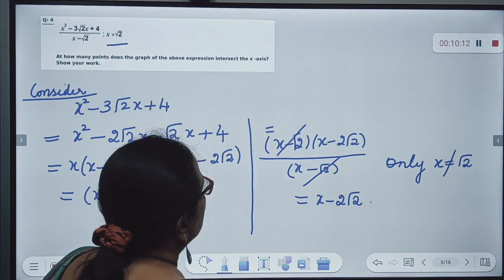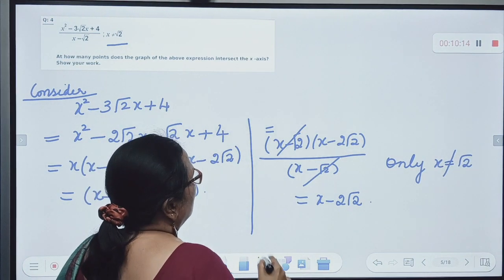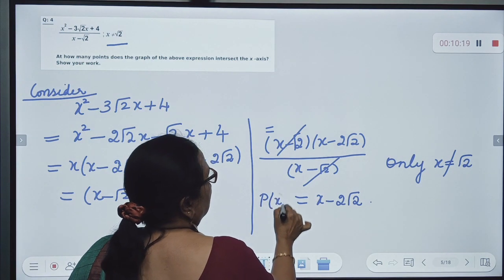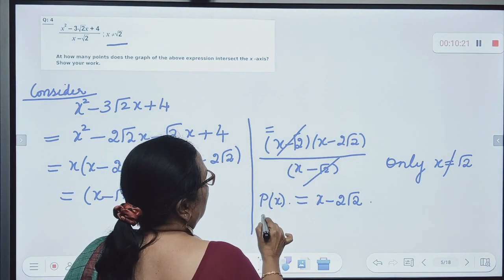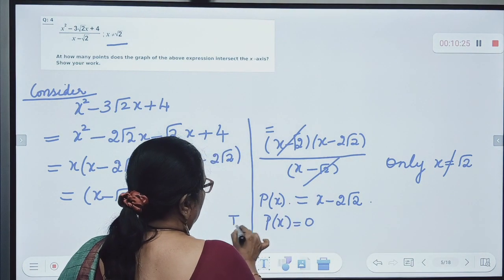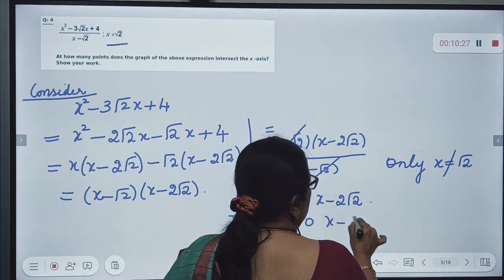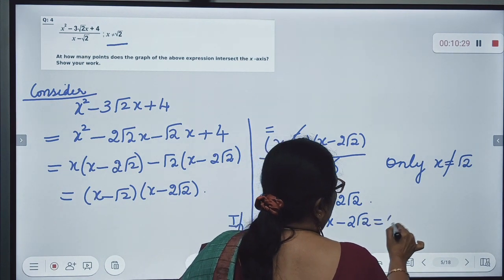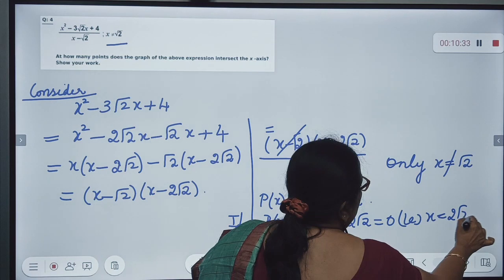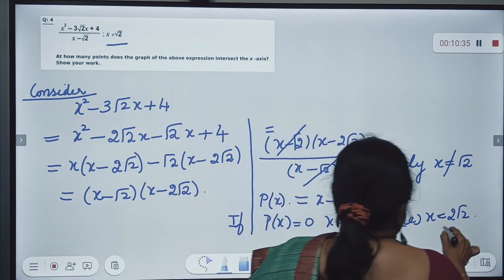So if this is x minus 2 root 2, what will be the 0? Let me call this polynomial p of x. If p of x were equal to 0, then x minus 2 root 2 will be 0, that is, x is equal to 2 root 2. So 2 root 2 is a 0.